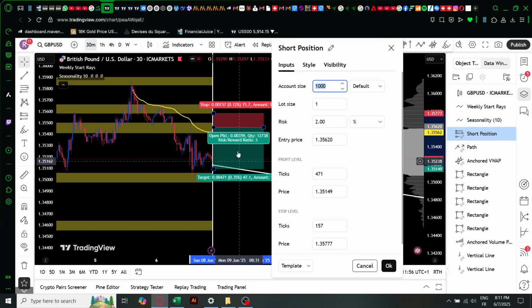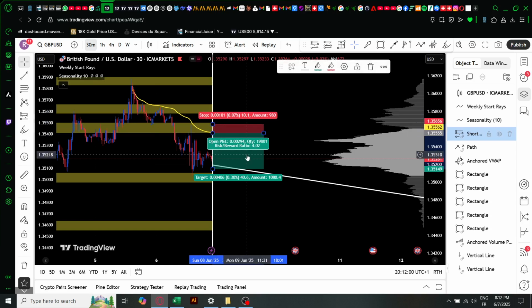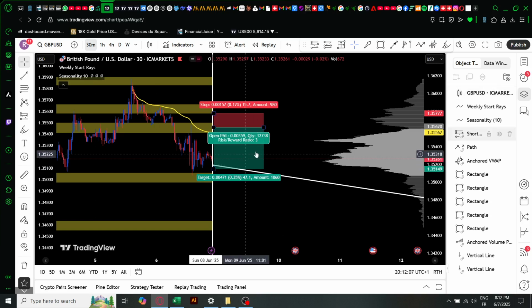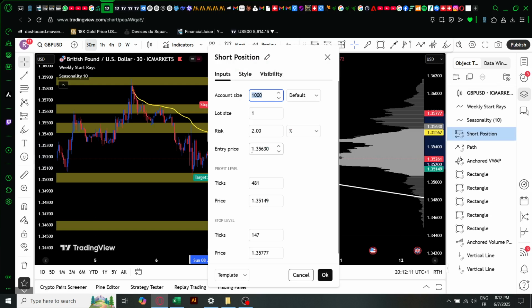So let's say I enter here and then get my stop here. I get 4 risk reward ratio, but then I can get stopped, so I won't risk my profits or some extra profits. This is what I meant.